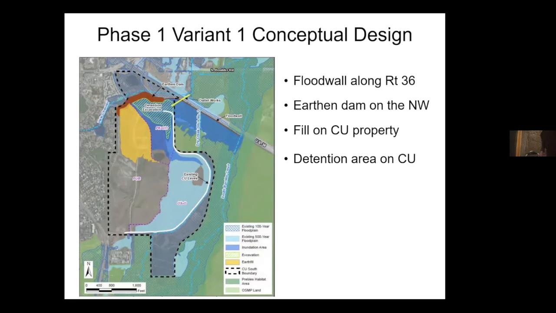Another component of this phase one, variant one design, is that in order to provide enough detention storage for the volume of the floodwaters, part of that area near the fill zone actually has to be excavated. And it's a little hard to see, but it's this area with the crosshatched yellow that I'm encircling with my mouse here. It's a fairly large area, quite a few acres, and it'll have to be dug down to essentially the water table, which isn't very deep.